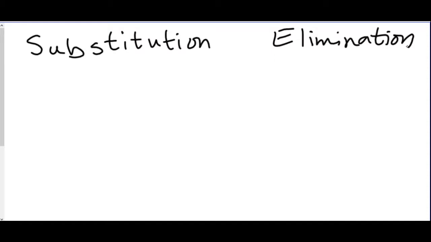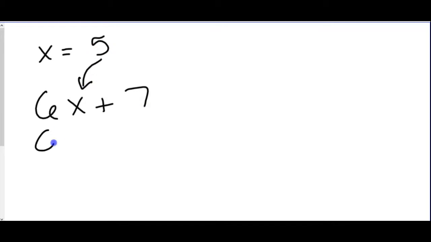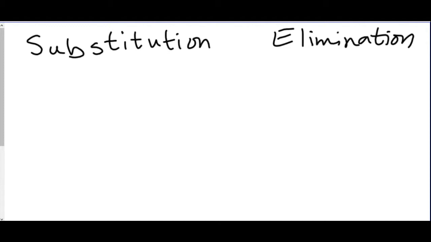So substitution, before we actually talk about a problem, if I said x equals 5, and we had 6x plus 7, we would know we could replace or substitute the 5 in where we see the letter x. Solving a system of equations algebraically using substitution is the same idea.